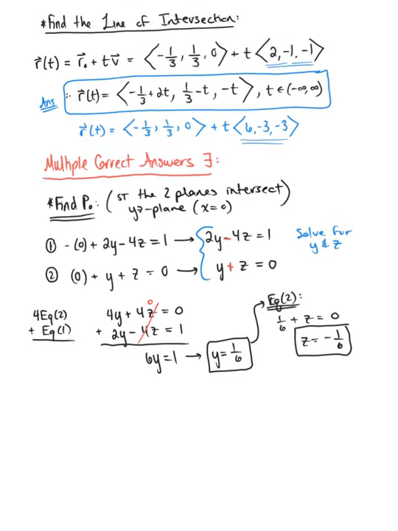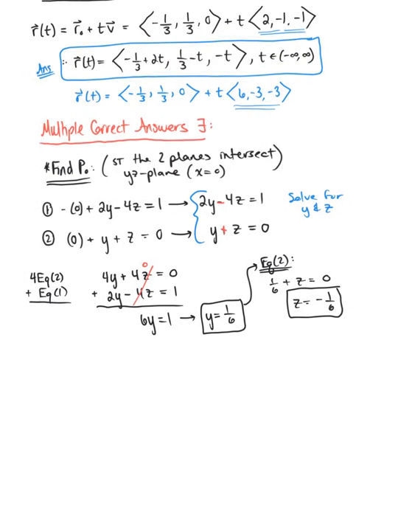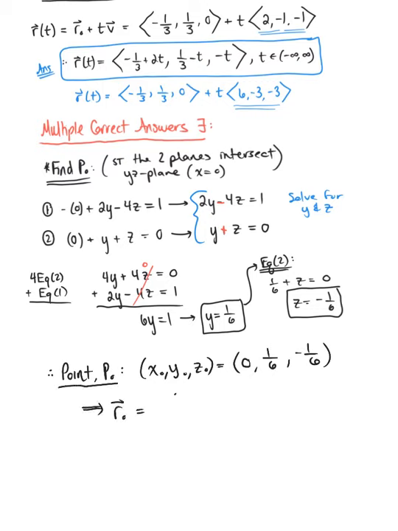So we can say that therefore our point, P0, where these two planes intersect the yz plane, is the point with the coordinates x0, y0, z0, where x is 0, y is +1/6, and z is -1/6. And so therefore the position vector r0 is the vector with the components 0, 1/6, -1/6.